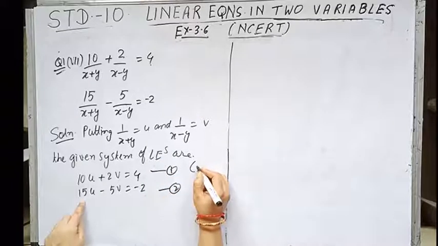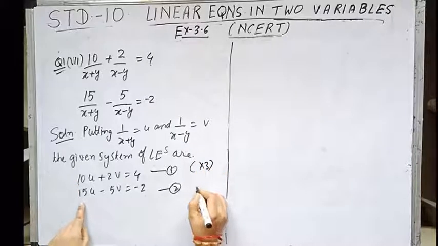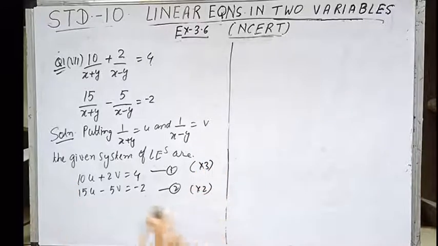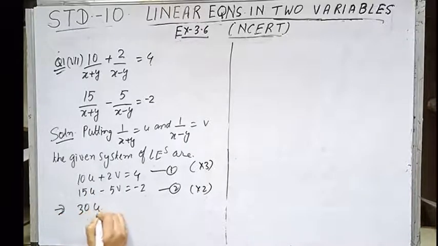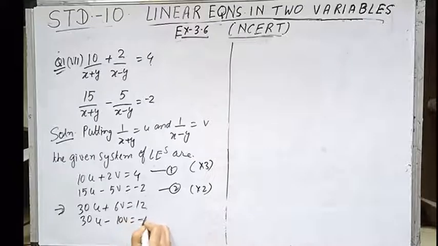Multiply this with 10 3s are, so into 3 and 15 2s are 30. So this will become 30u + 6v = 12, and 30u - 10v = -4. Subtraction, these two cancelled, and 10 and 6 is 16v.